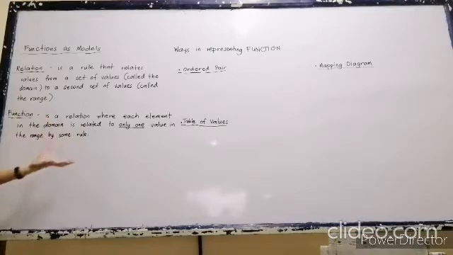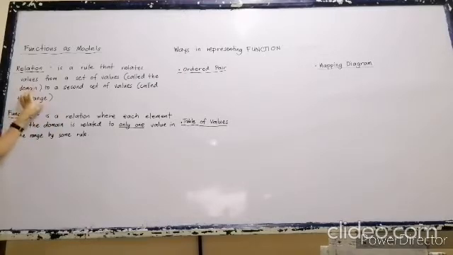In mathematics, we have the idea of domain and we also have the concept of range. What is the difference between the two? We are all aware that in mathematics, we always use the variable x and the variable y. If we apply the concepts of domain and range, the domain will serve as the input.